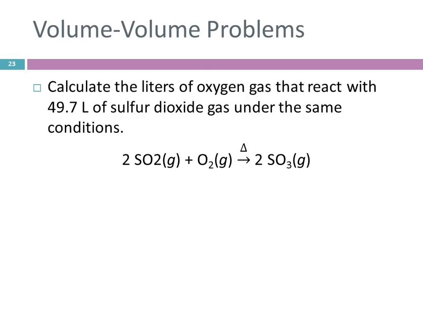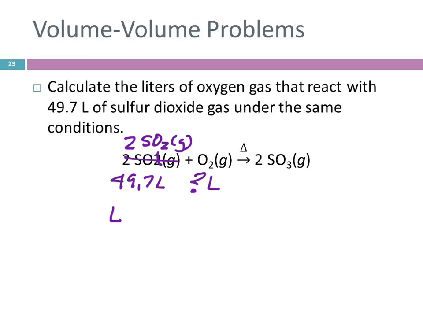I'm going to still use my equation to organize my information. Sulfur dioxide, 49.7 liters, and they want to know liters of oxygen. So my path, I forgot to subscript that 2. 2SO2. That's a subscript.